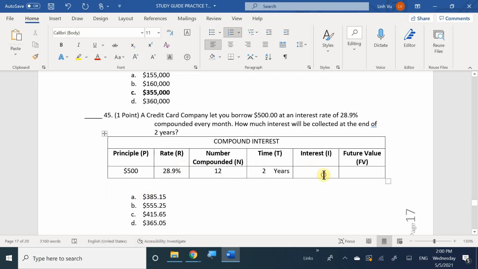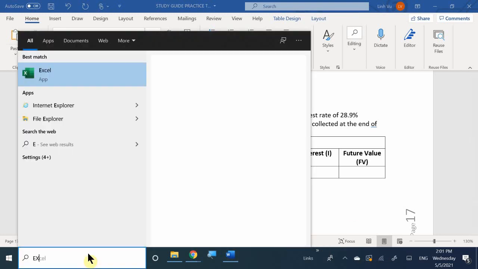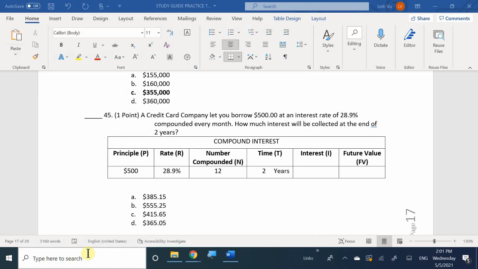So in this case, if you guys remember, you can't do this on a regular calculator. You must pull up a spreadsheet. So let me go ahead and get a quick spreadsheet real quick.